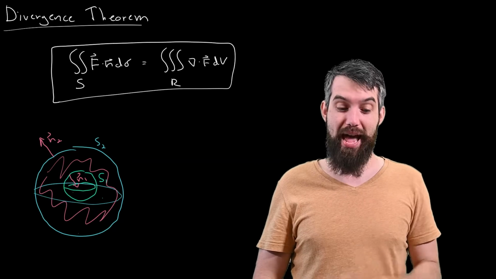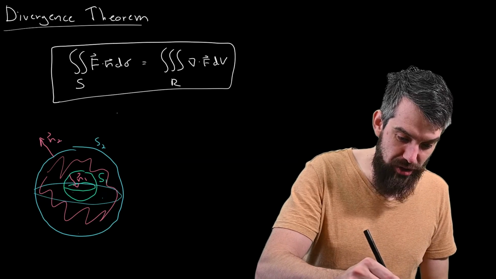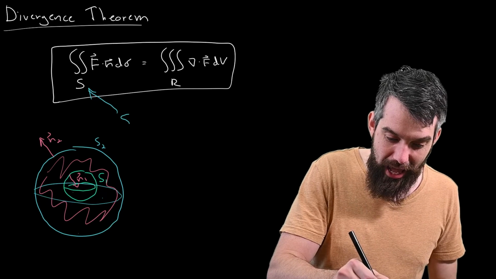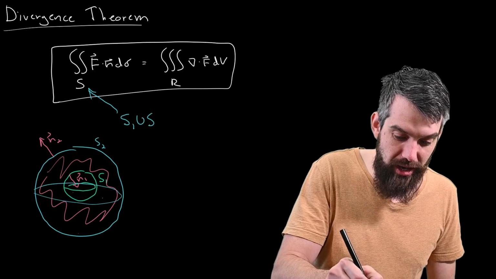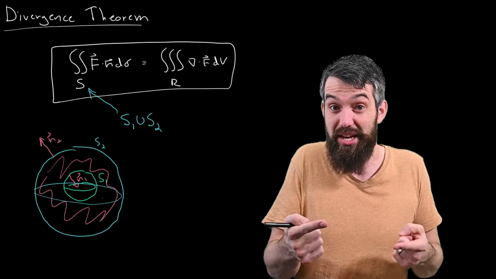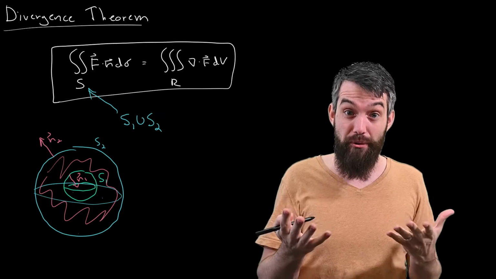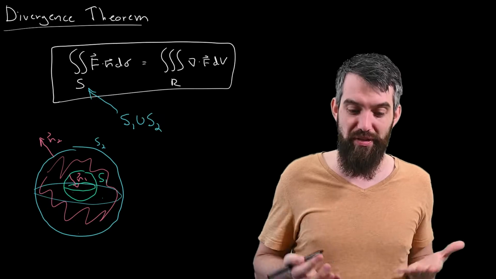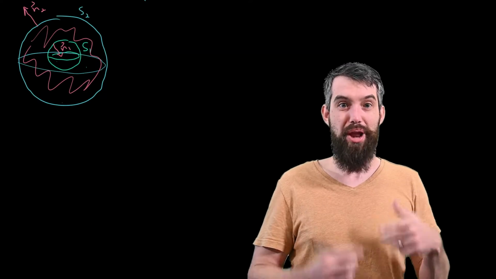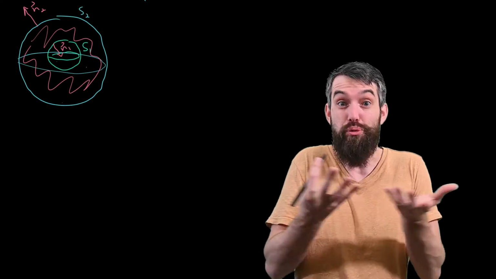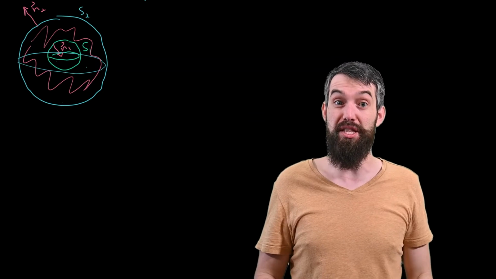Now, if I apply that here, the surface that I'm talking about is really S1 union S2. There are two surfaces here, an inside one and an outside one. So the flux across the surface is going to be the sum of these two things. So now I'll restate the divergence theorem, breaking up the flux across the surface into the two different regions.